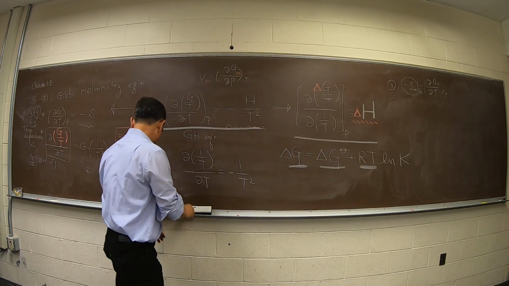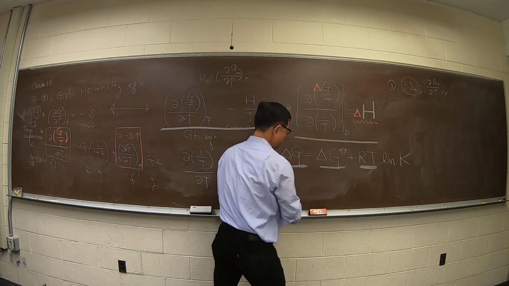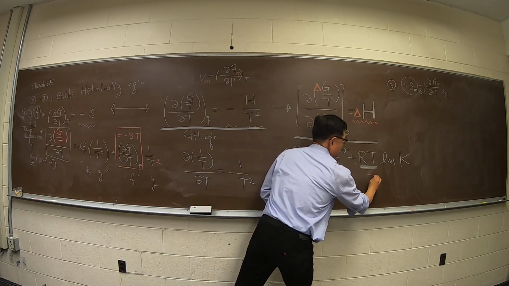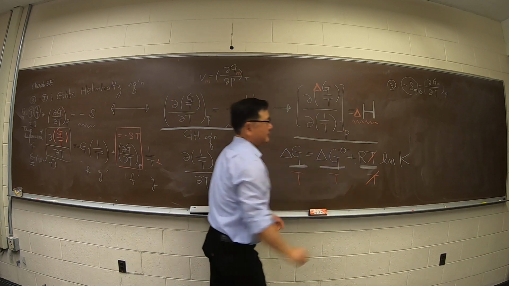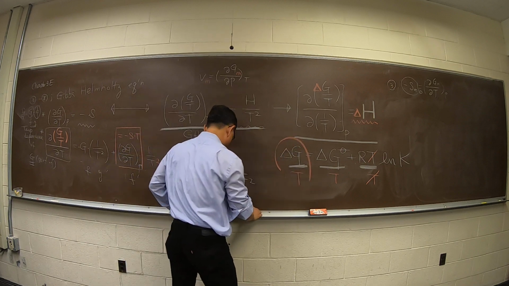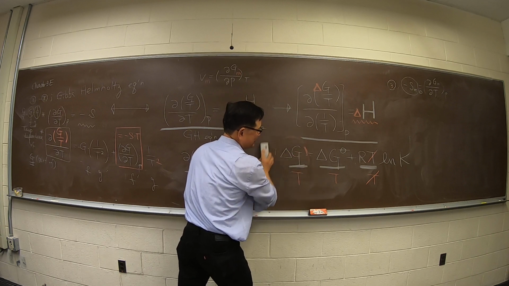So what this equation is all about: I am going to divide this by T. And this is gone now. So what's important is what defines an equilibrium. Oh no, sorry, I was jumping ahead so much.